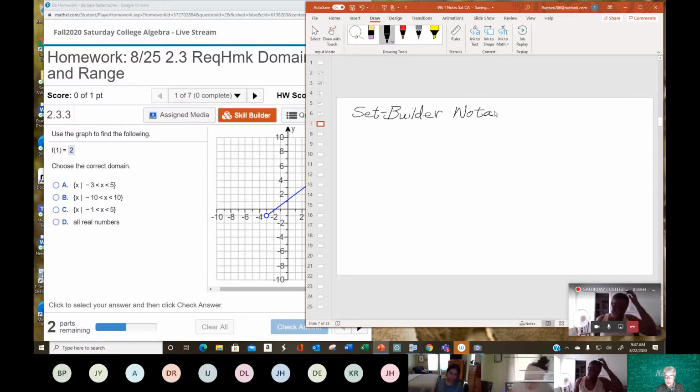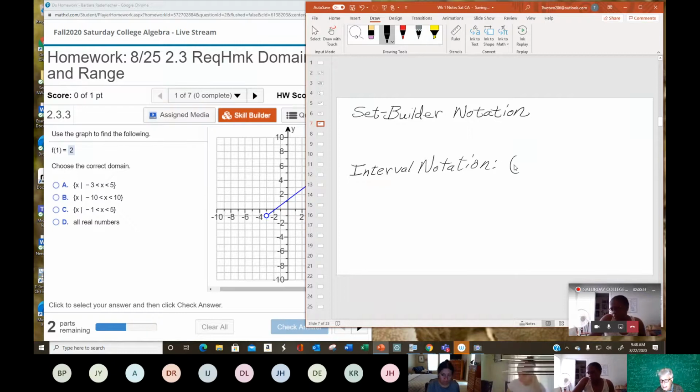A lot of it has to do with a way of writing. Okay, set builder notation. Interval notation, let me write this down here because that's the way we wrote it before, which I like better incidentally.